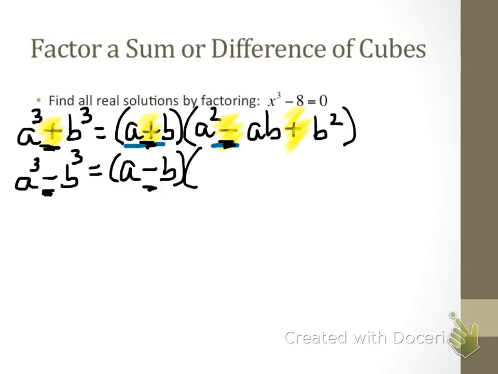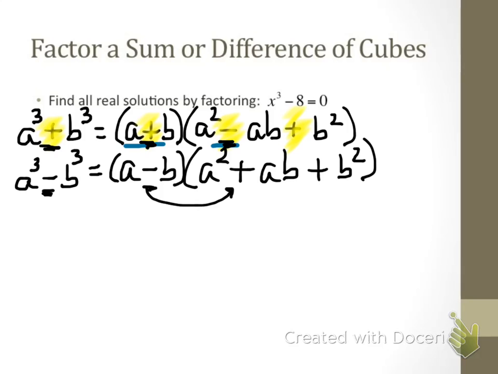And then my second factor will be a squared plus ab, so again going opposite, and then plus b squared. So those are the two patterns for adding perfect cubes or subtracting perfect cubes.